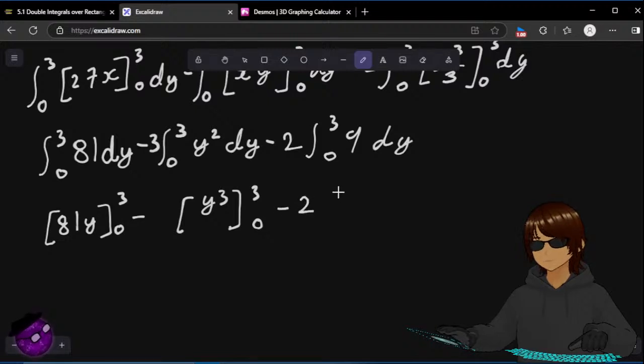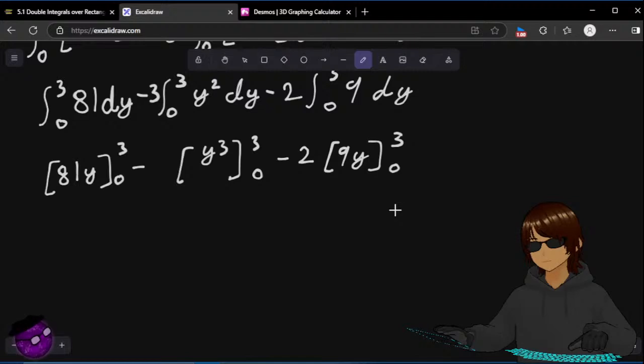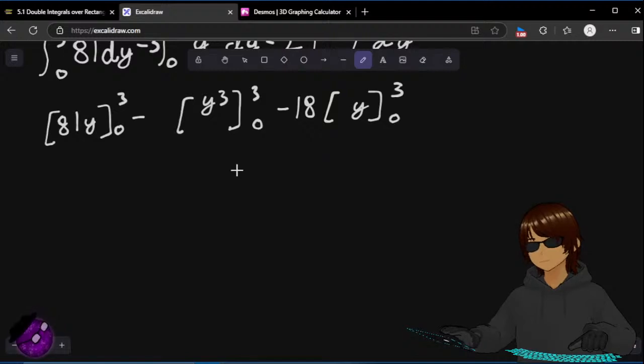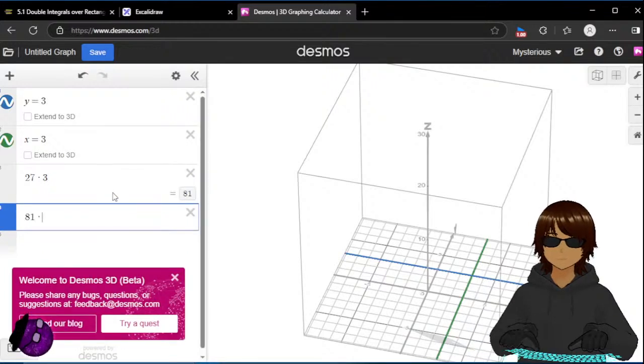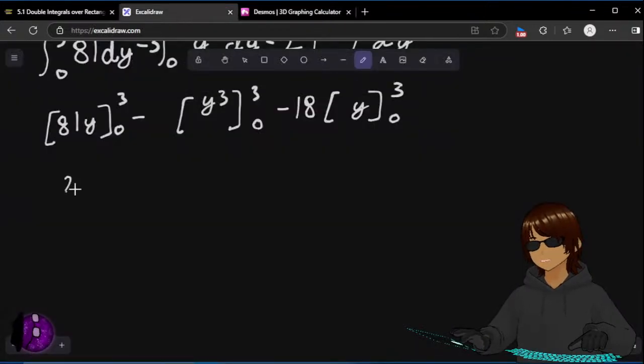Minus 2, 9y, but I can just multiply it with 18. So it's 81 times 3, 243, and the 0 gets useless. 9 times 3 is 27.